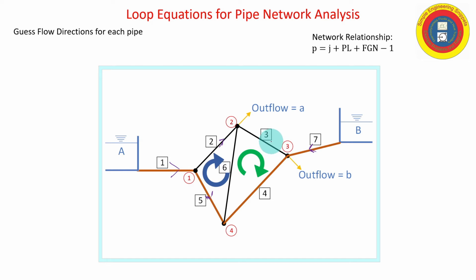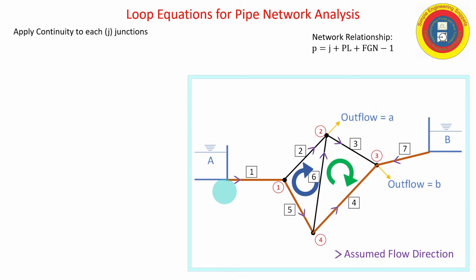And I'm going to assume that the flow through pipe 3 is going towards node 2. And for node 4, I'm going to assume flow for pipe 4 is going towards node 4. And pipe 6, I'm just going to guess the direction that's going from node 2 to 4. So we will be using those guess directions, but don't worry if you got it wrong.